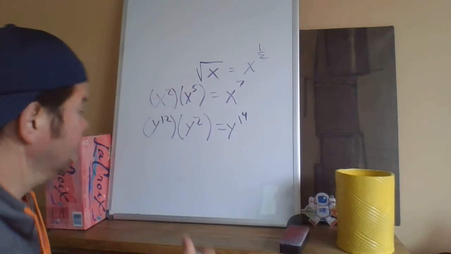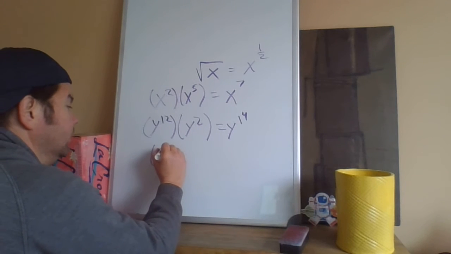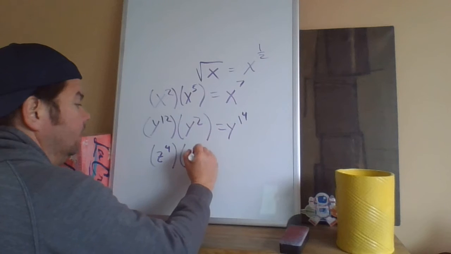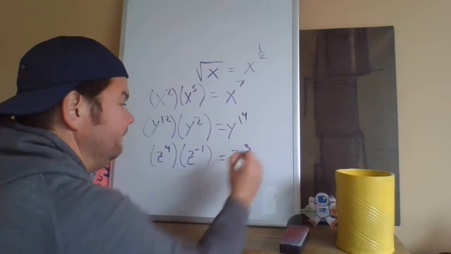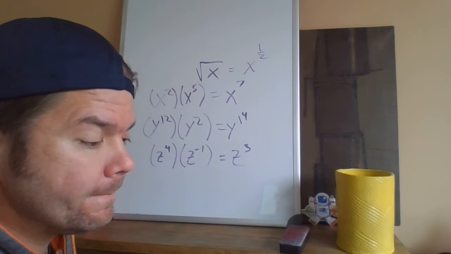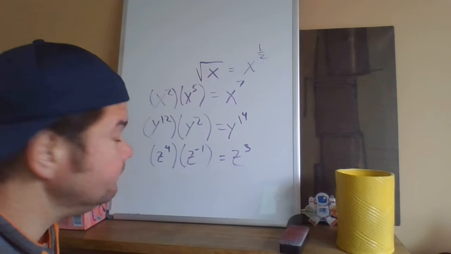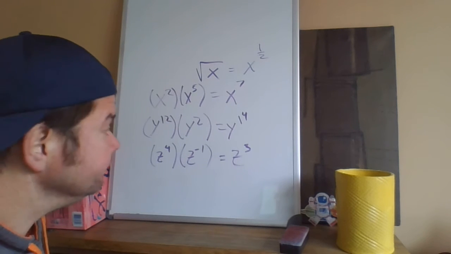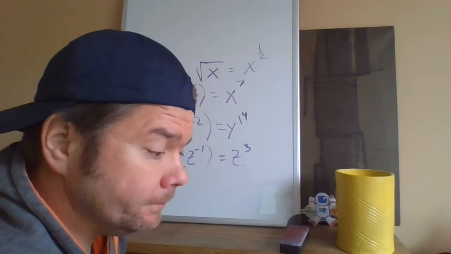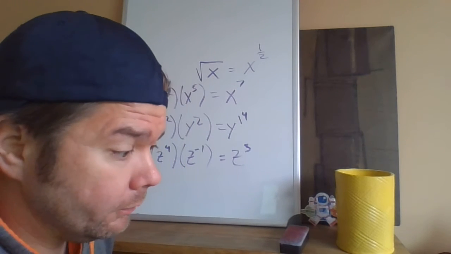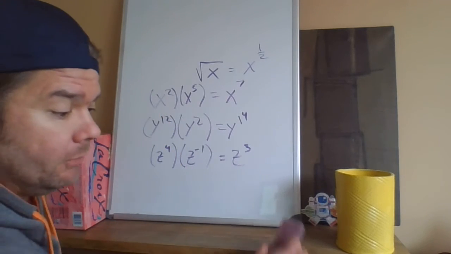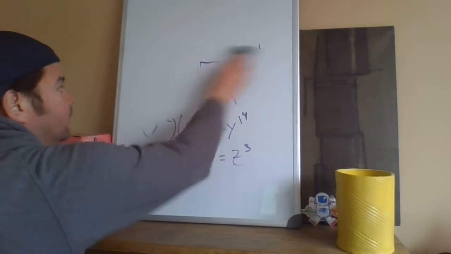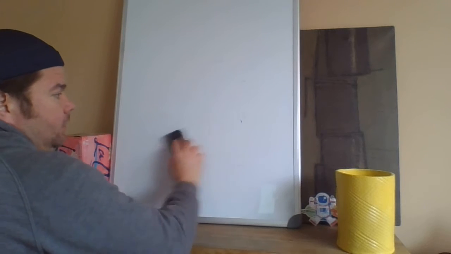You're not supposed to do that. z to the 4th times z to the -1st is actually z to the 3rd. You thought I was going to make a mistake there? You were wrong. Okay. Now the same rules apply for fractional exponents, right? So the rules do not change even though the exponents become fractions.